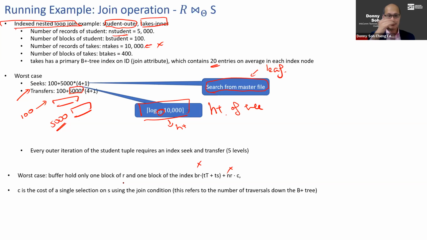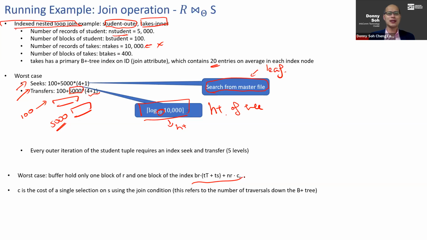So for every record, this is the cost that's being incurred of transfer. Similarly for the seek as well. Last week or Tuesday, when I was going through this, I was also a bit confused.